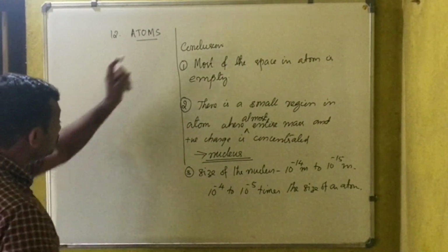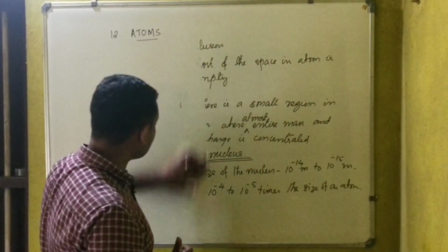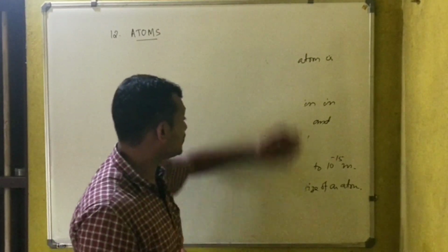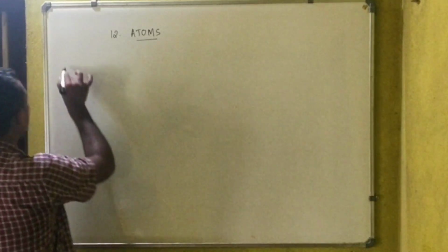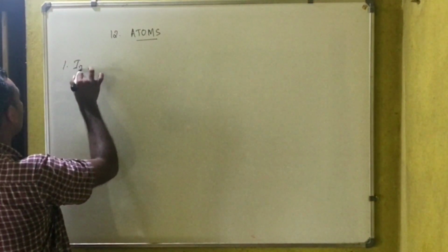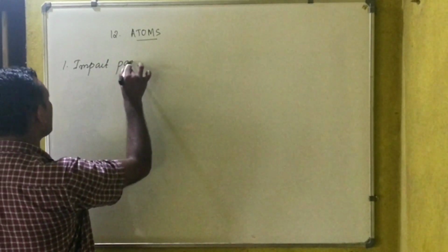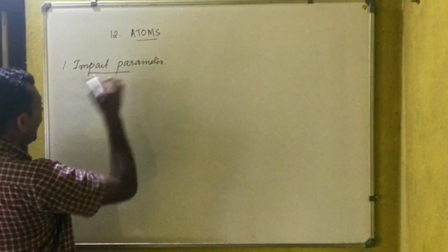Now, how was he able to predict the upper limit of the size of the nucleus? He was able to predict it through two important aspects. The first one is called the impact parameter. So what is the impact parameter?